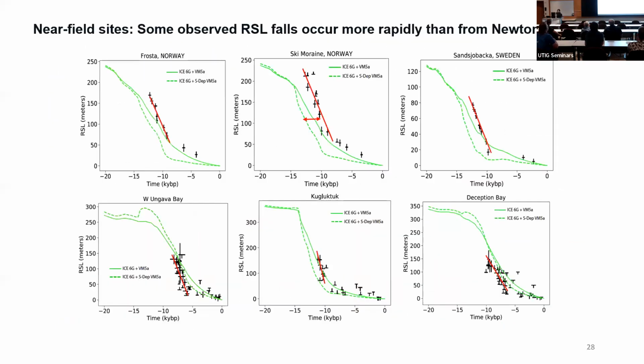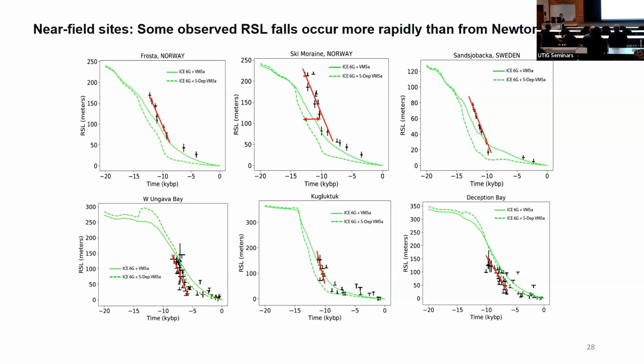Yeah, this one. If you're trying to fit that, how much could you fit by just increasing the starting ice, how much could be a real lag in the timing, and how much could be some kind of uncertainty in the viscosity? What do you think is the most important thing to make the model fit the data?